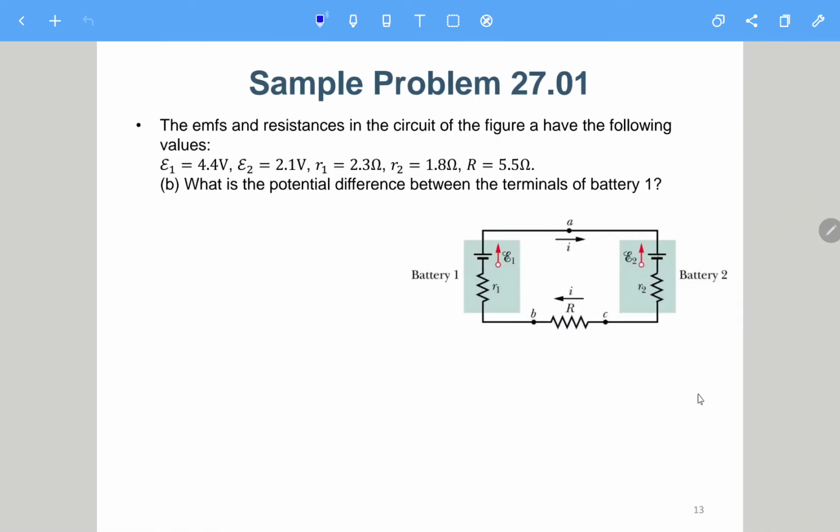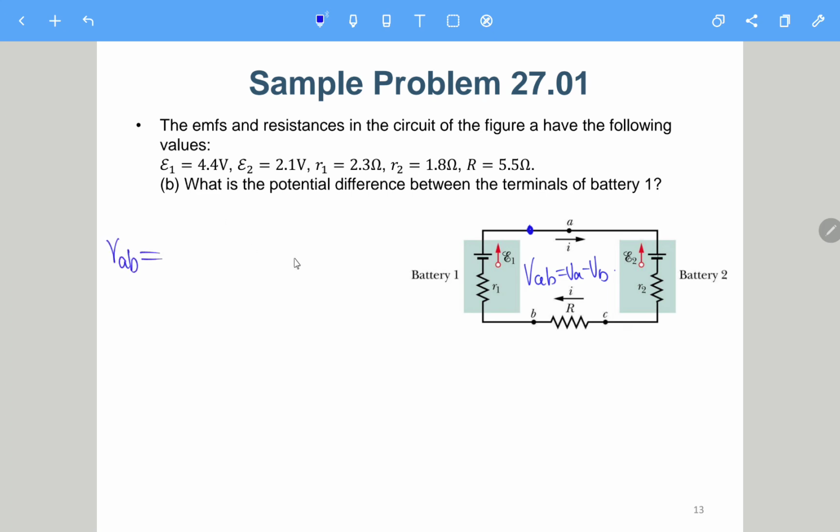Okay, so for part B, what is the potential difference between the terminals of battery 1? Which means that from this point to this point, we would like to find VAB, which means VA minus VB, the potential difference between them. Okay, so let's try VAB.